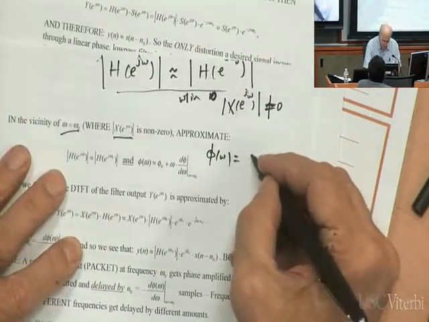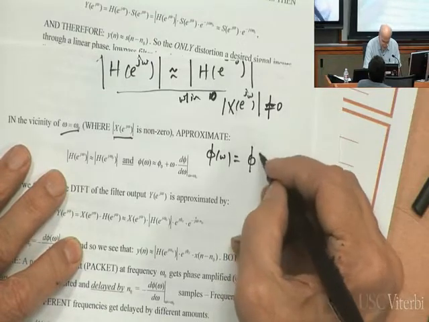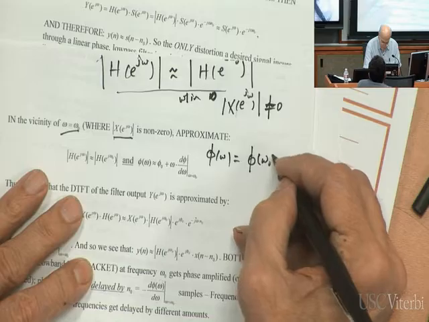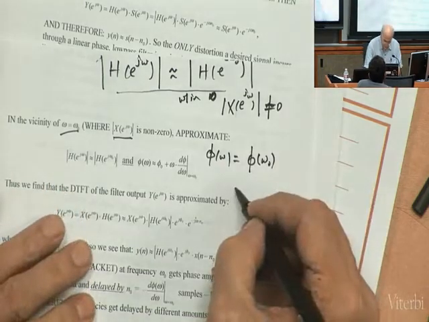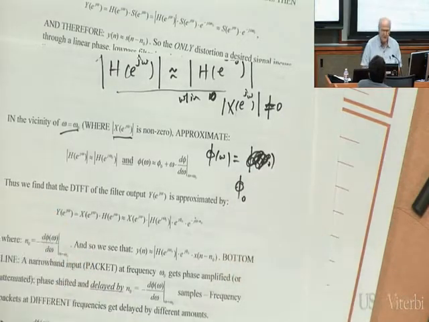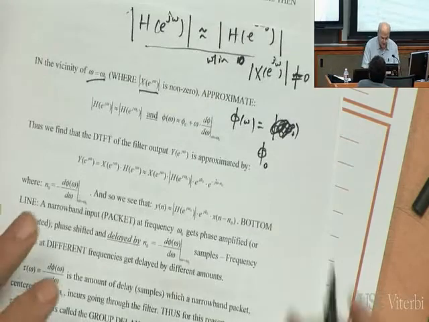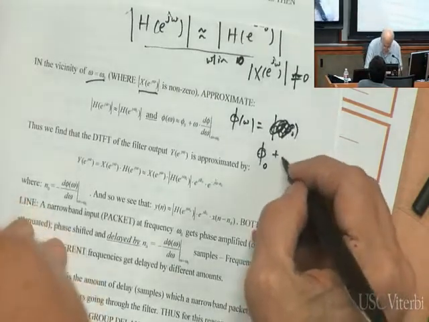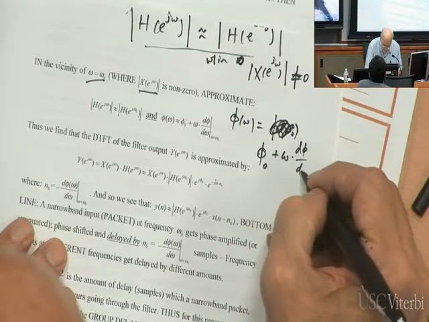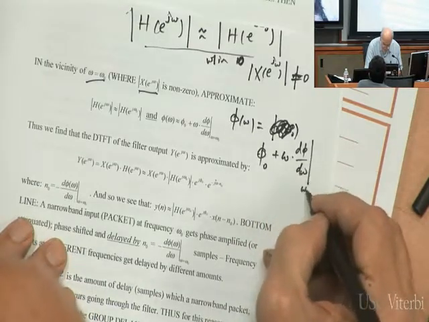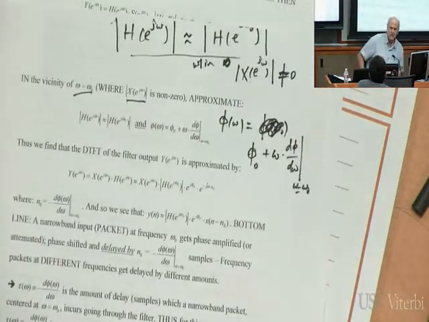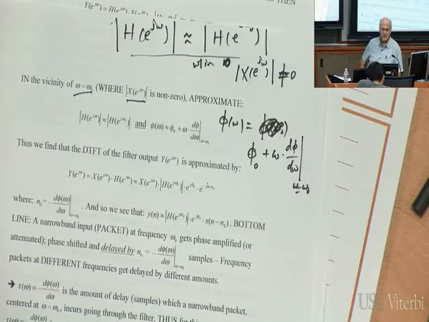I'll use a first order Taylor expansion. I'll just call the constant phi naught. It's just a constant plus omega times some constant, d phi d omega at omega equals omega naught. So that's a first order Taylor expansion that I'm going to use.